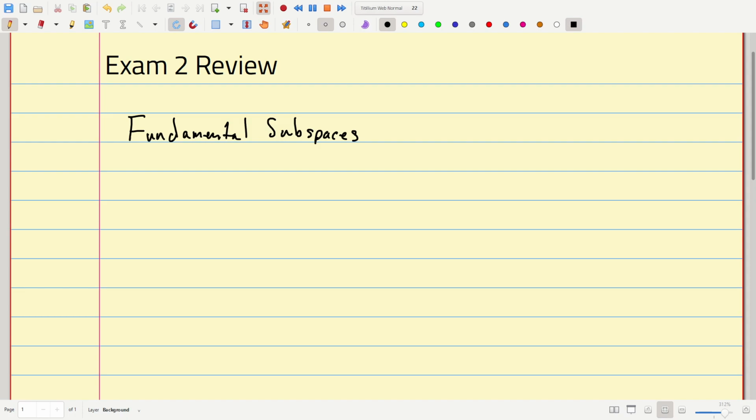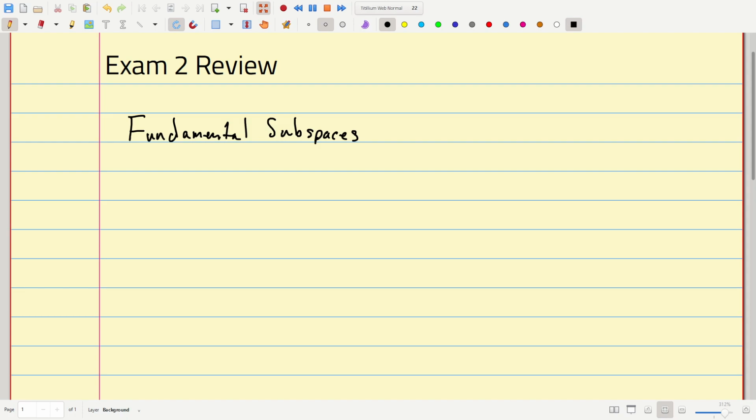It changes which one's the row space and the column space, but yes, as long as you keep it organized, if you want to solve the problem for the transpose instead of the original matrix, that's fine. If you place either A or A transpose into reduced row echelon form, you can write down the answer to both questions: what's the basis for the row space and what's the basis for the column space.